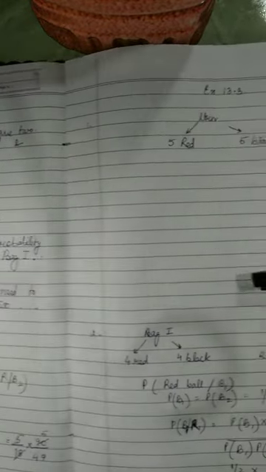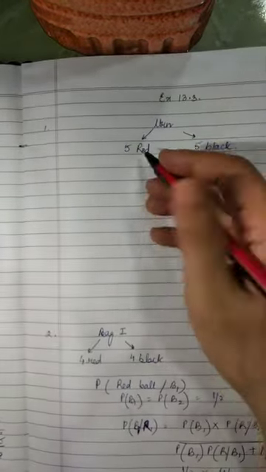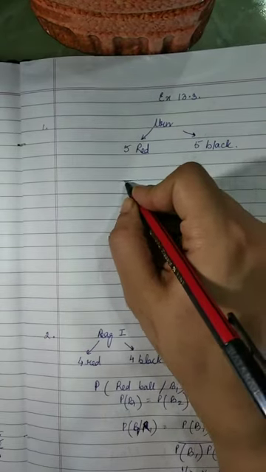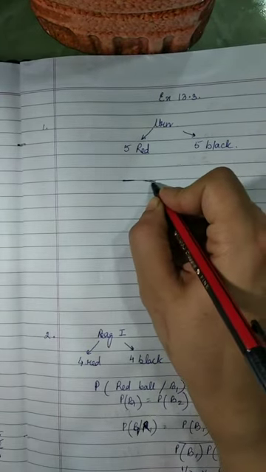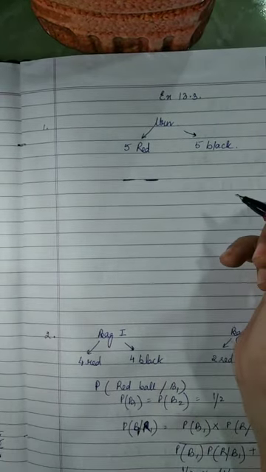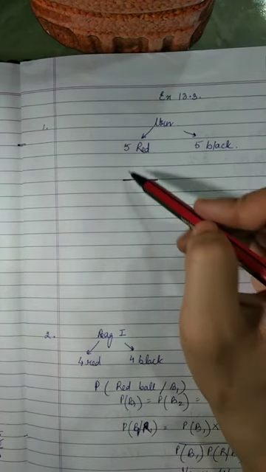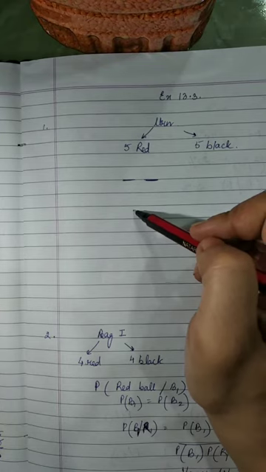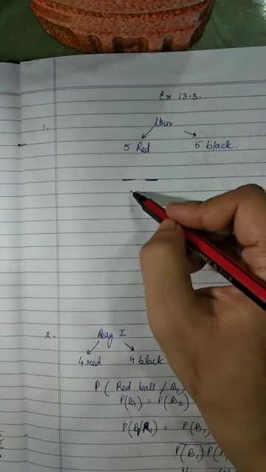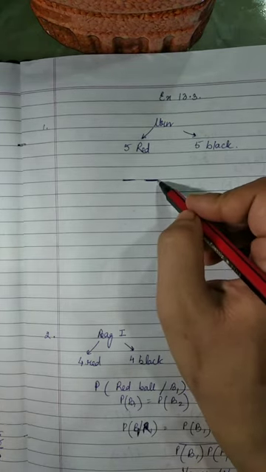Now we have a condition. Just see, we have to draw 2 balls, right? So we have to take out 2 balls, all right? Now if the first ball is red in color, what does the question state? We have to find that the second ball is also red in color.